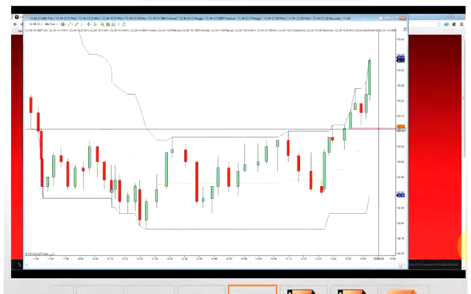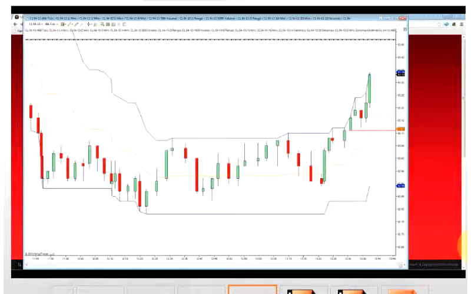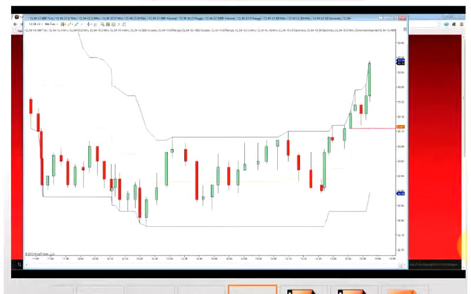Let's say there's a pink daily chart here, and we're at 93.33. Let's envision that the top one, the red.